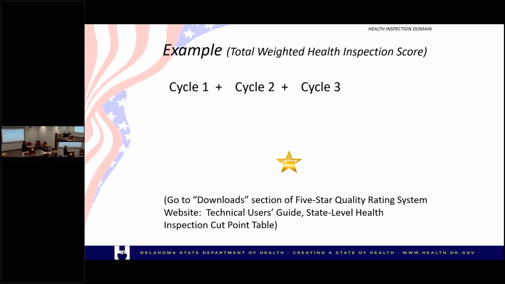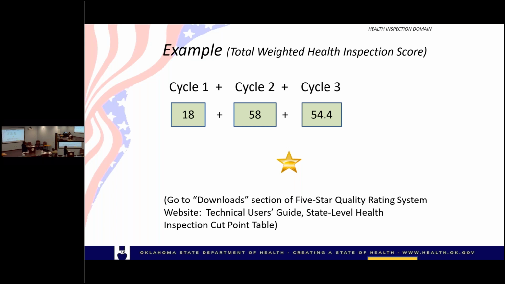So cycle 1 had 18 points. That was our first year. Cycle 2 had 58 points. Cycle 3 had 54.4. And then all of that equals 130.4 points.